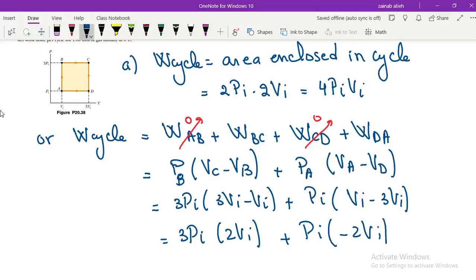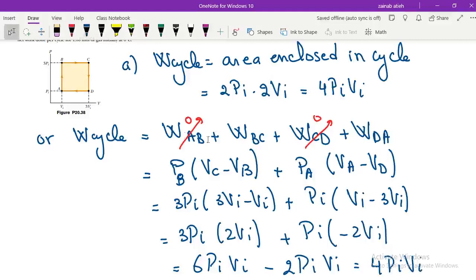Look, the work done by DA is negative. So actually the first term is the area under the curve, all this area, minus the area under the curve DA. So we erase this and I get the area of the square. So we will get 6 Pi Vi minus 2 Pi Vi, which will give me 4 Pi Vi.